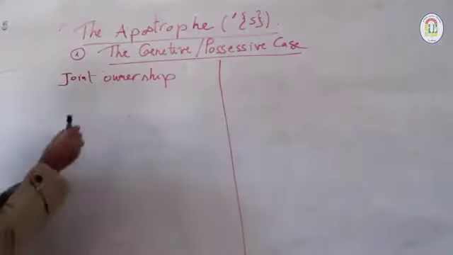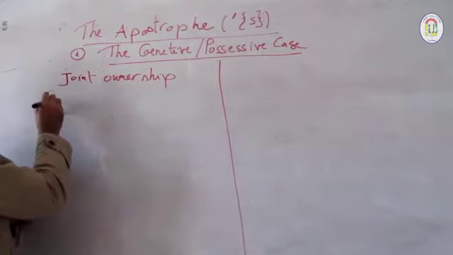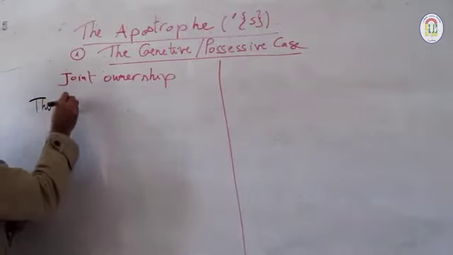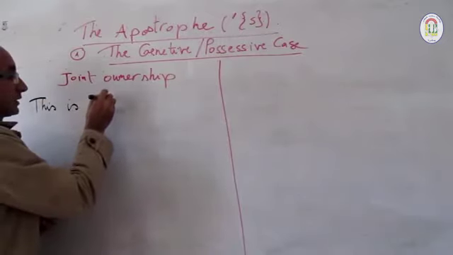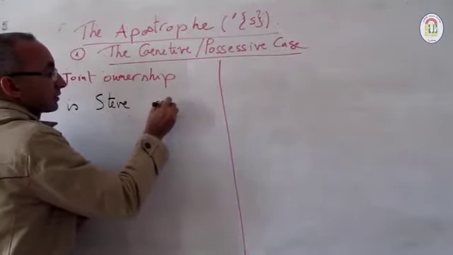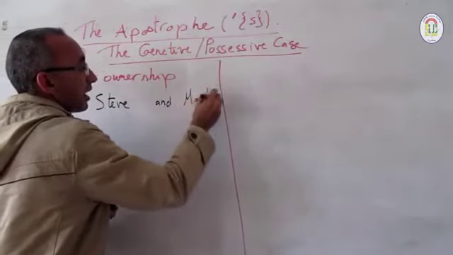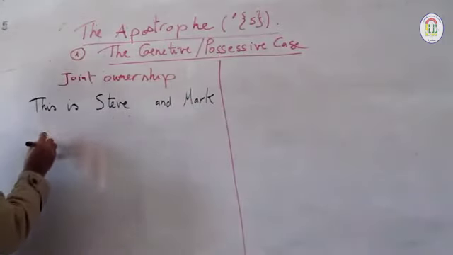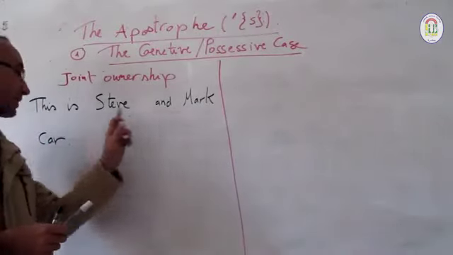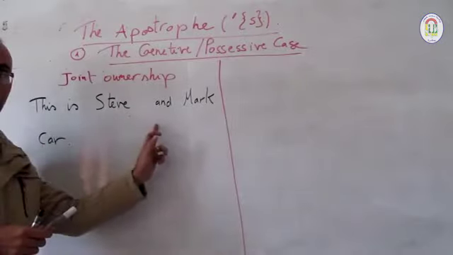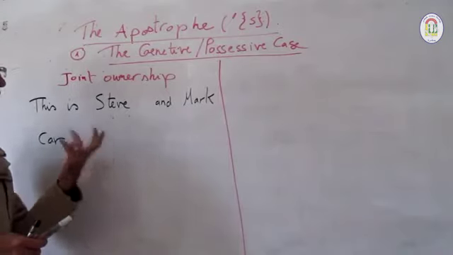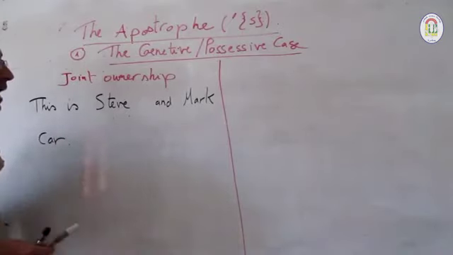For example, I write: this is Steve and Mark car. So both of them, Steve and Mark, have the same car. They are partners in the same car. Now here we use the apostrophe to show this shared property or this joint ownership.